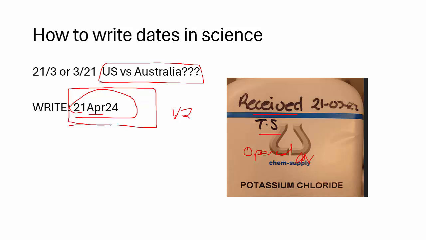In errors and uncertainties, sometimes I point out times where conversions and stuff like that actually can cause deaths when we're talking about large projects like NASA or so forth, mixing up dates or times or uncertainties. Okay, so that's the international proper way to write a date in science, and this is almost perfect, but not good enough. So check whether the tech is writing opened and received on there. That will be quite helpful to know how old the thing is.